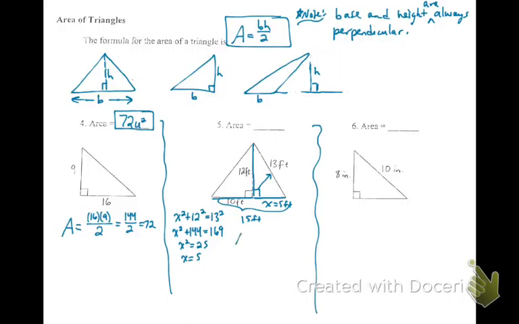So now I can plug into the area formula. Base, which is 15 feet, times the height, which is 12 feet, divided by 2. 15 times 12 is 180. So we have 180, and feet times feet is feet squared, divided by 2. So you should have gotten 90 feet squared.